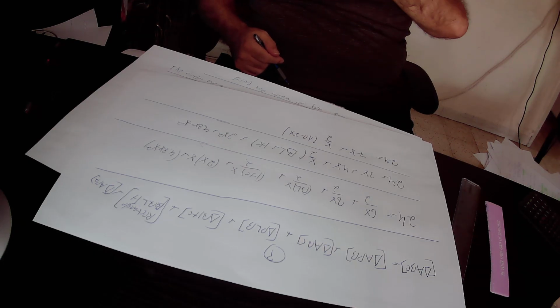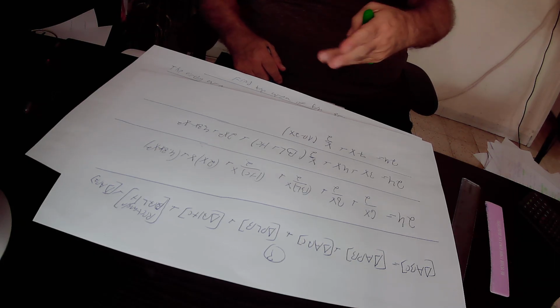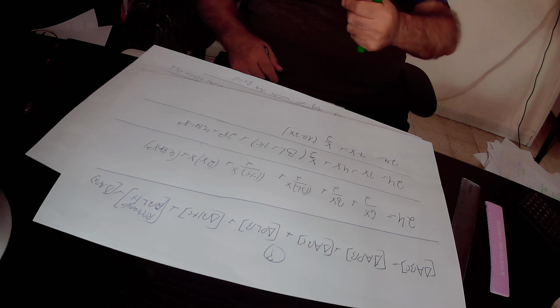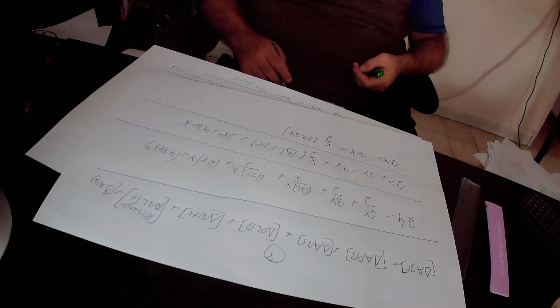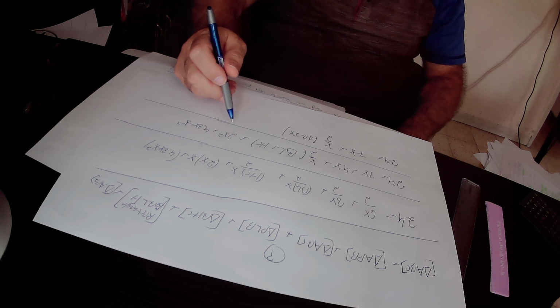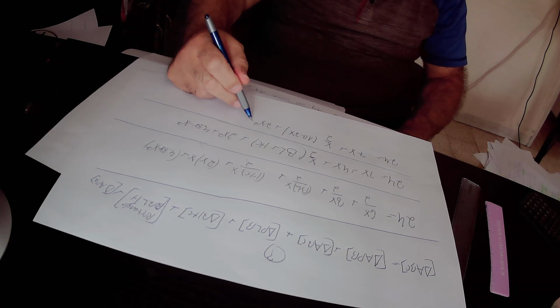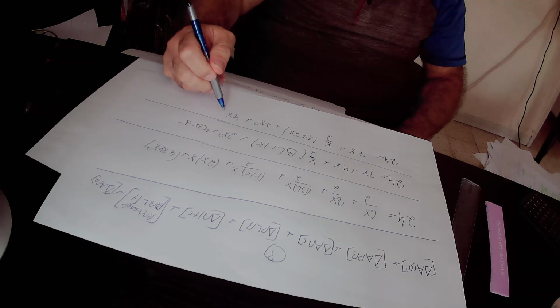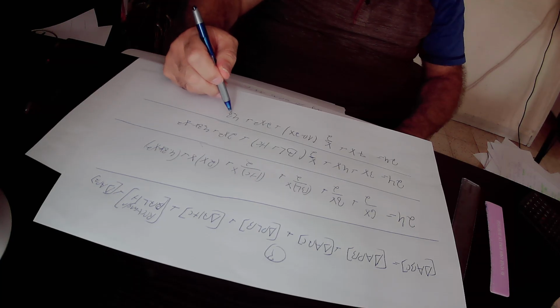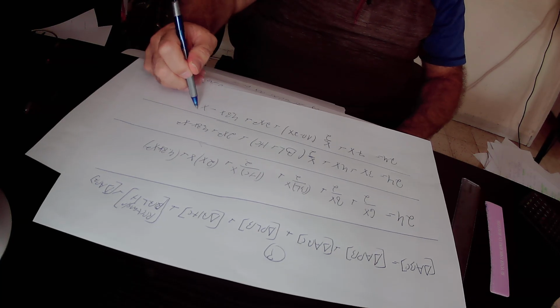The only thing left to do is find the value of x by solving this long equation. So you have here plus 2x squared plus 4x plus x squared.